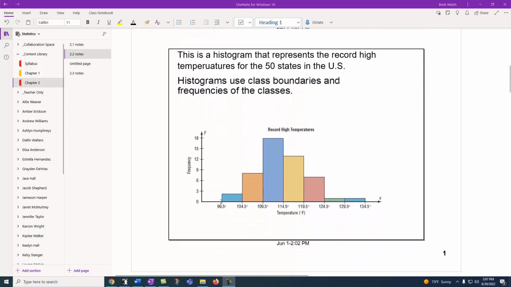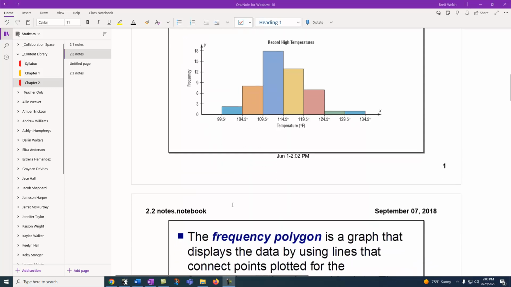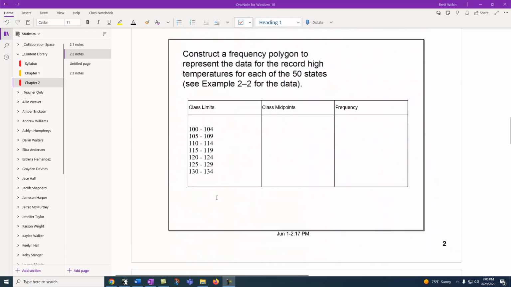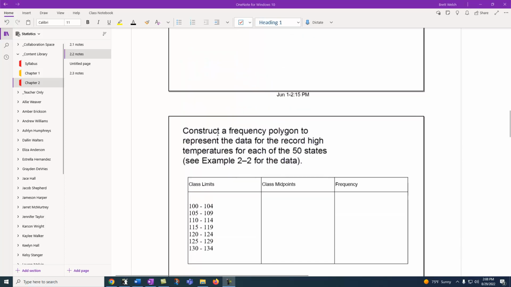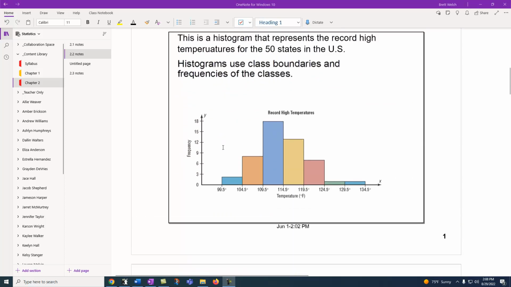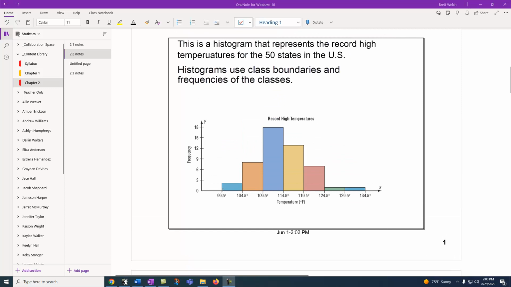You can say, okay, from 99.5 to 104.5, and that 99.5 would be the boundary. Remember when we did this temperature example, the lowest temperature was actually 100, and that's our class limit. If we're using that as a class limit, our class boundary would be 99.5.